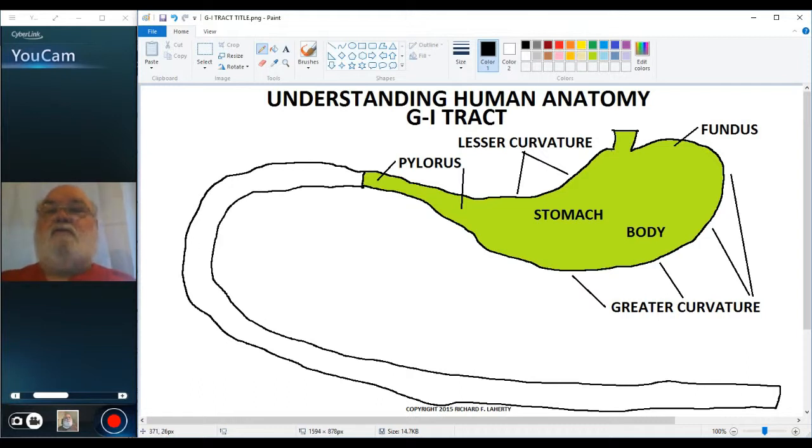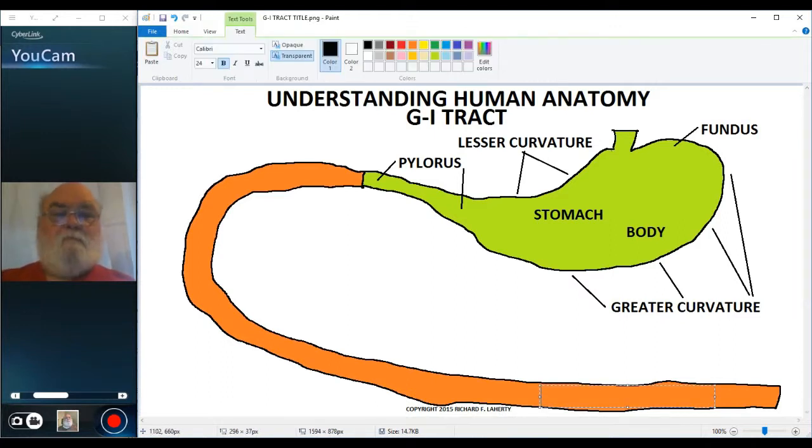So this is the duodenum, and I will color that a different color to make it stand out. Let me label it.